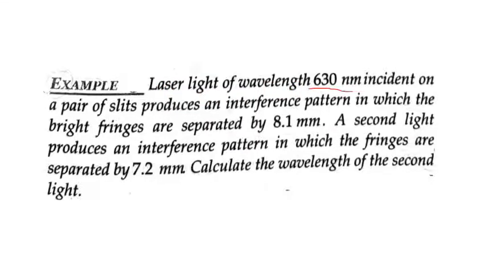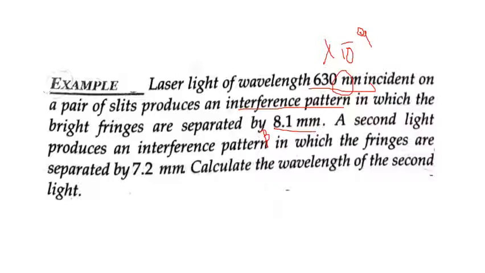This is the wavelength lambda, given in nanometer, that means 10 to the power minus 9 meter, incident on a pair of slits to produce an interference pattern in which the bright fringes are separated by 8.1 millimeters. So they have given you the separation between the bright fringes, which means they have given you the fringe width. Beta is 8.1 millimeter.